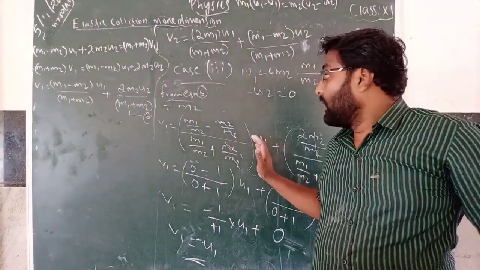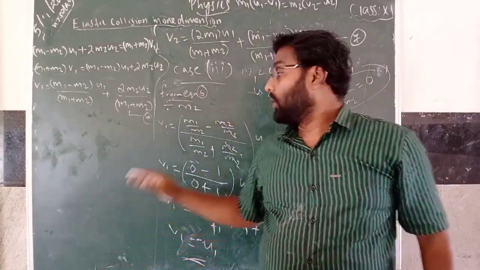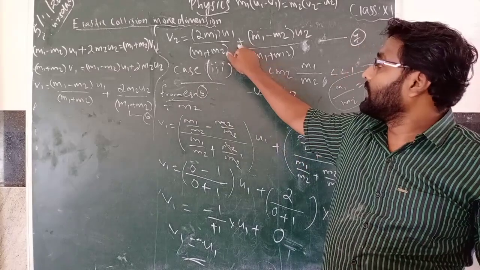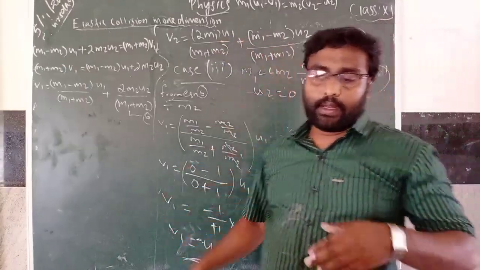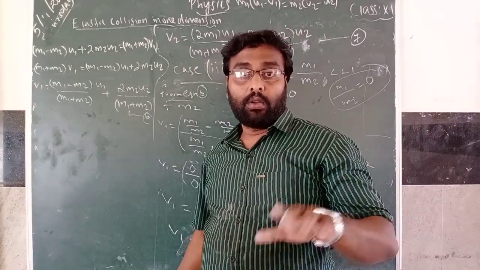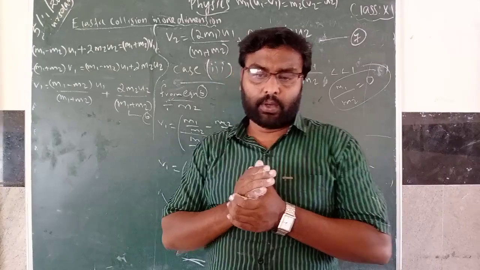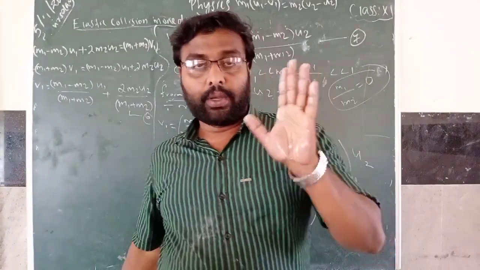The same thing for equation 7 also. In equation 7 you have to divide by M2. So what answer will you get? V2 equal to 0. The same thing is case 4, you can see in the textbook.